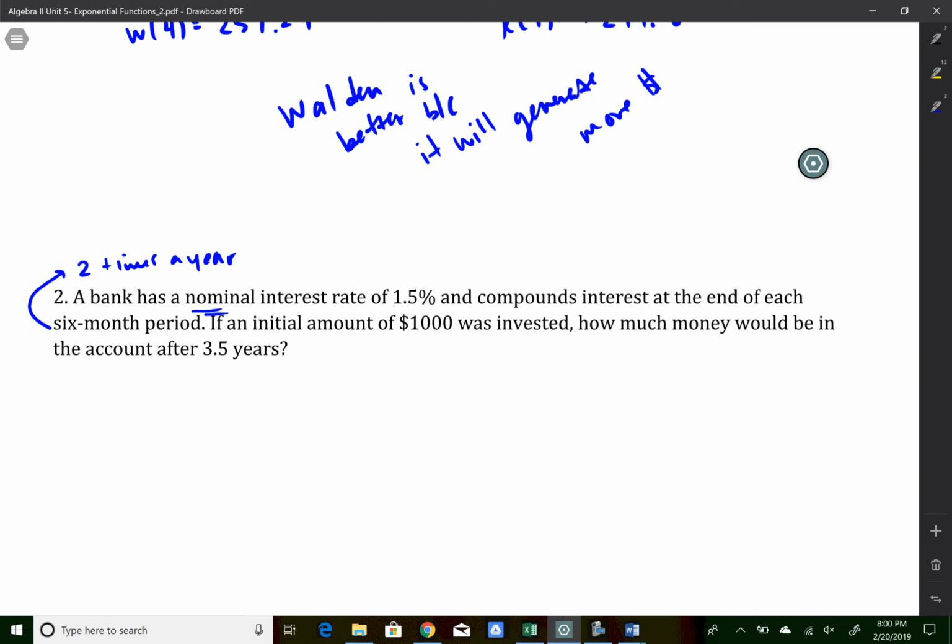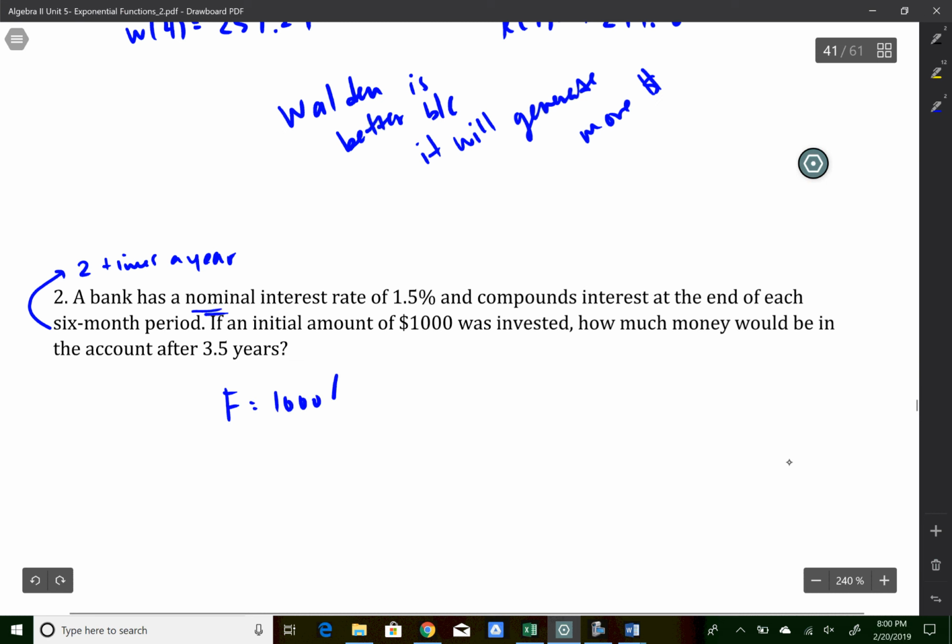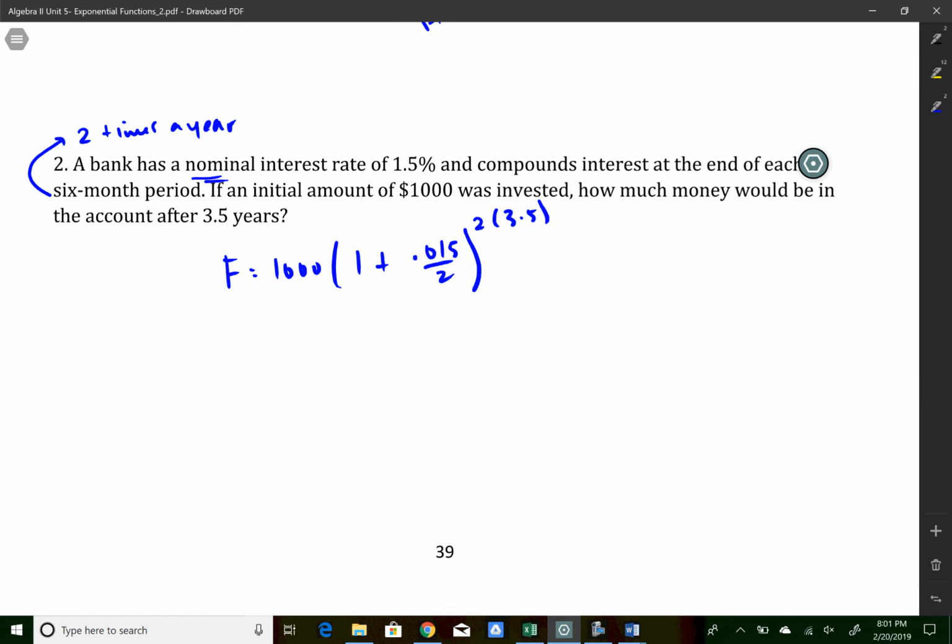It then says if the initial amount of $1,000 was invested, how much money would be in the account after 3.5 years? So we can say the future value is equal to the initial value of 1,000 times 1 plus 0.015 over 2, all to the 2 times 3.5. And again, we're just typing that into our calculator here.